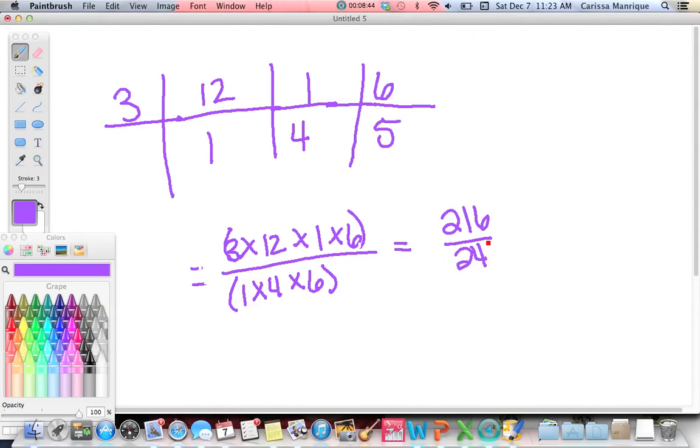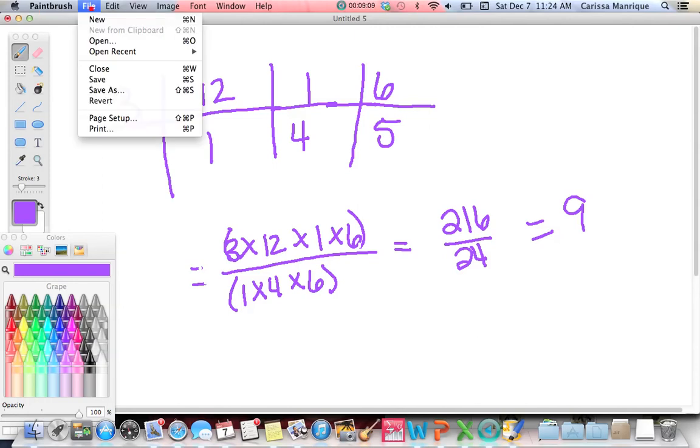Now if I divide those numbers, 216 divided by 24, I'm going to get 9. So my final answer is 9. I just want to make sure you know what these cross sections mean. You multiply everything at the top, multiply everything at the bottom, then divide the two numbers.